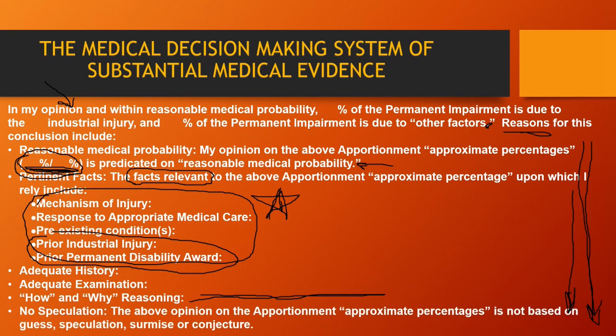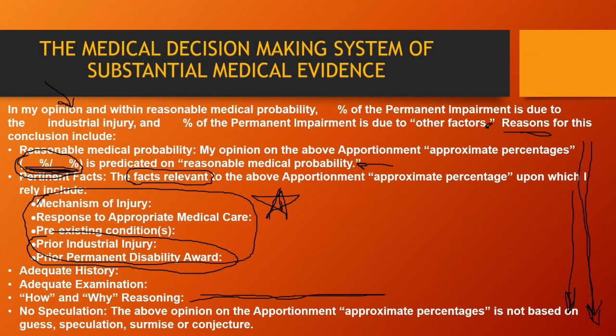And then finally, you confirm to us that the above opinion on apportionment approximate percentages is not based on guess, speculation, surmise, or conjecture. Now, doctors, you'll notice that each one of these qualifiers, if you want to call them qualifiers: reasonable medical probability, relevant facts, adequate history, adequate exam, how and why reasoning, no speculation, all of those are qualifiers.